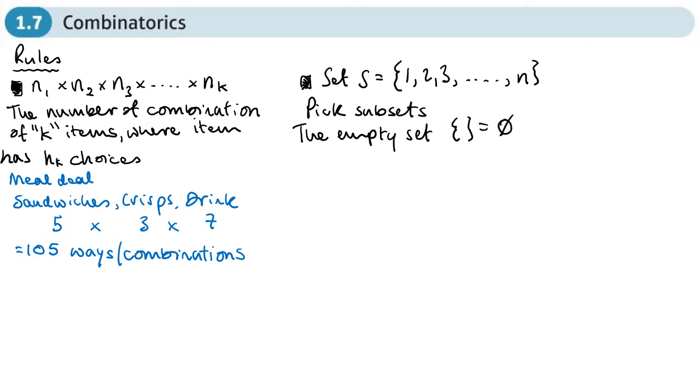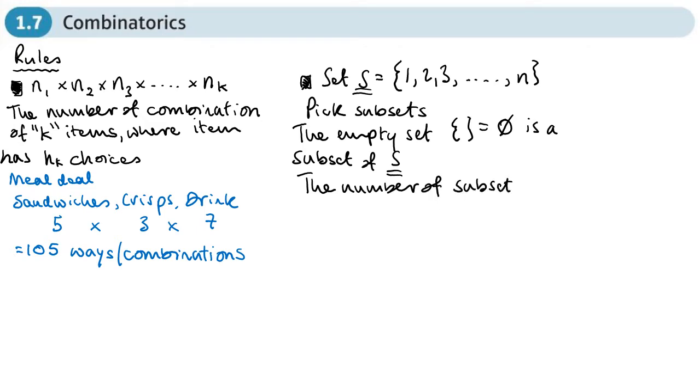So the empty set, which will basically just look like this. There's nothing in it, just 2 curly brackets. And this is the symbol that we have for the empty set. The empty set is a subset of S. In my case, I've defined S up here.